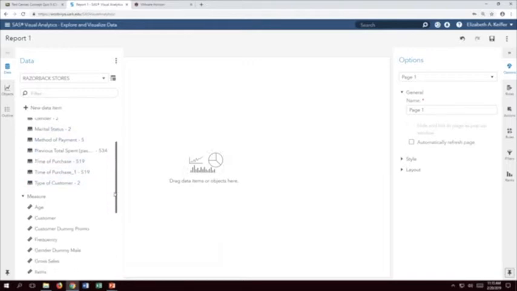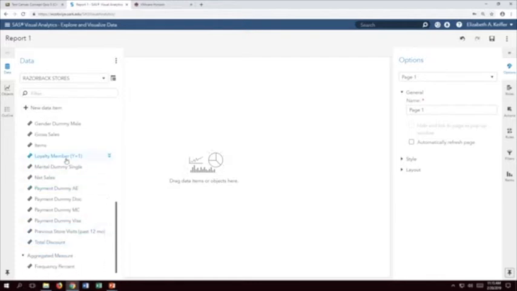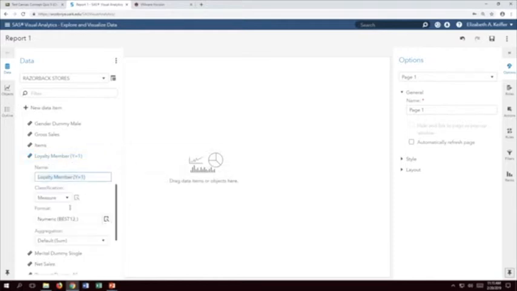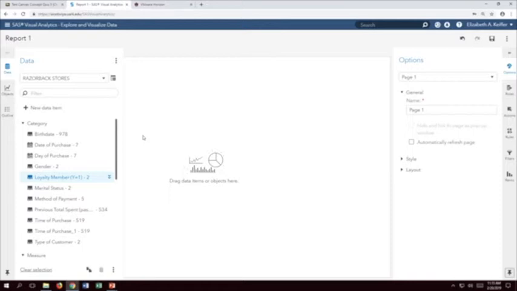The only thing I would do is go change loyalty member to make it a category variable. That's all we really need to change on the data for right now.